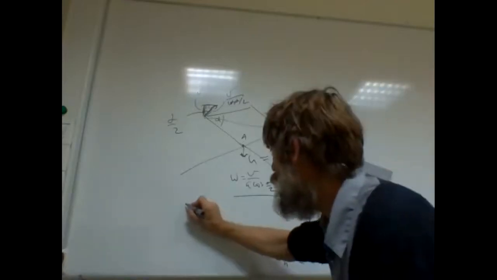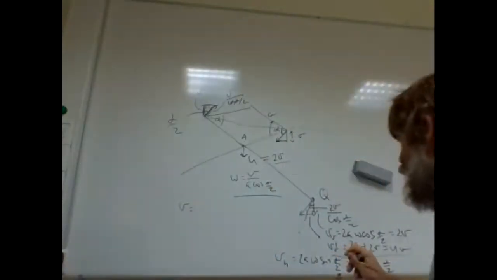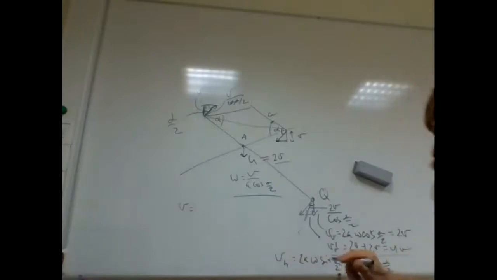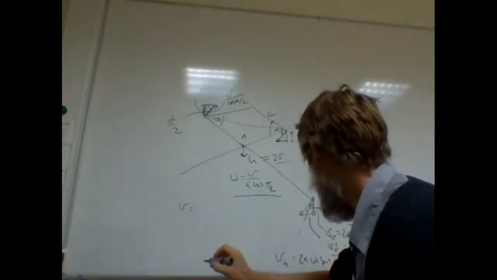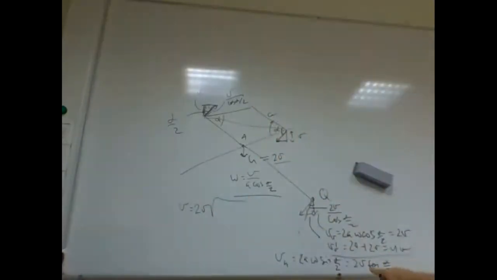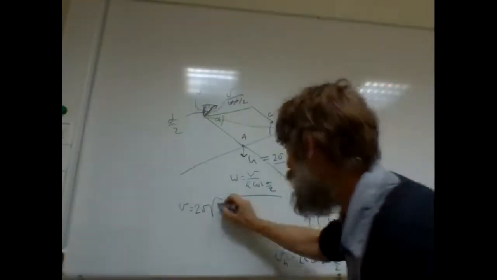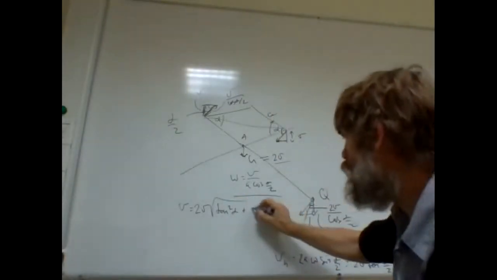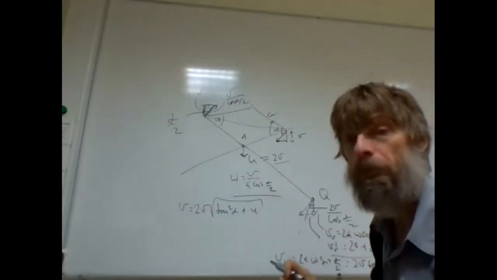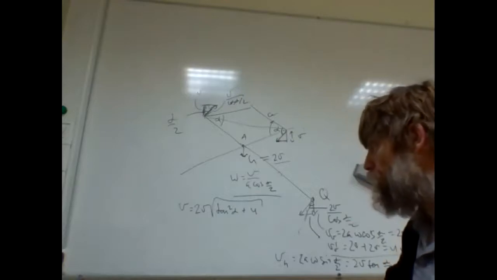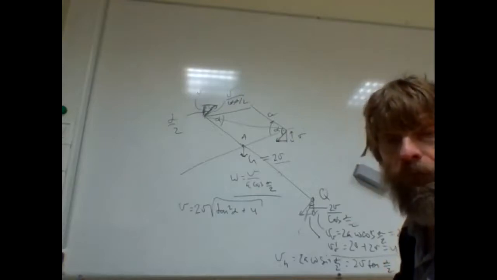So we can now finally write v from the Pythagorean theorem as the square root of the vertical squared plus that squared. So it will be 2v and the square root of, here goes tangent squared alpha over 2, and here goes 2 squared, which is 4. Okay? And this is about speed.